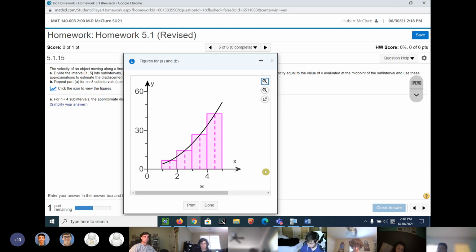From 1 to 2, that is a box. From 3 to 4, from 4 to 5, and from 5 up to whatever that number is. Let's say 30, 40, something. Okay, so I just drew that one.